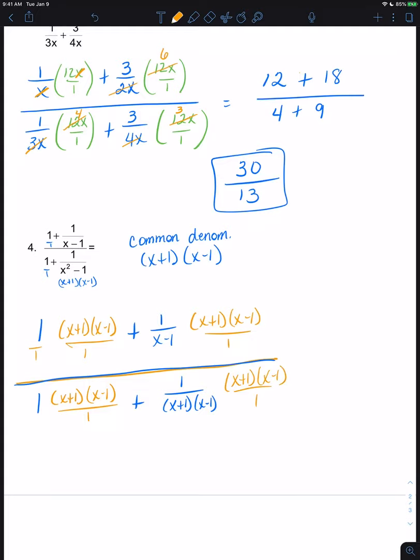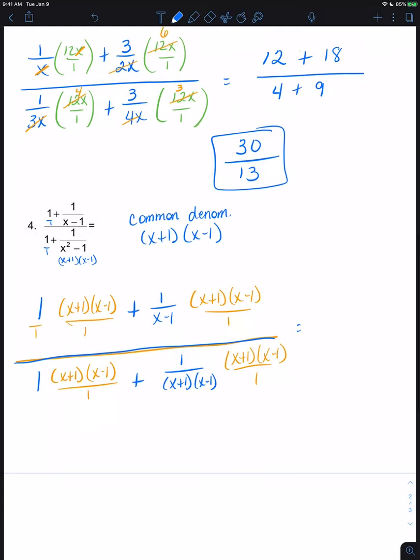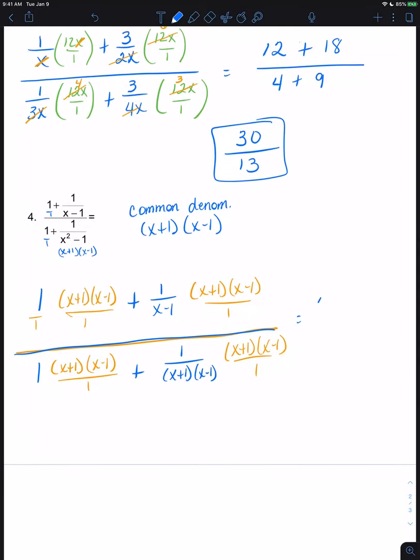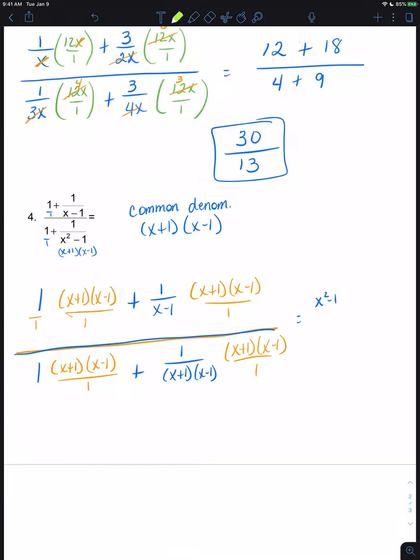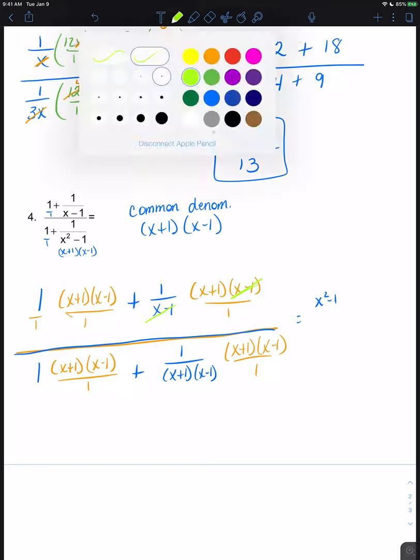Okay, so we don't have anything on the first one that reduces, so that is still going to be x plus 1, x minus 1. But I'm going to go ahead and multiply that out. We know that's x squared minus 1. Now, on our second term, our x minus 1s will reduce, leaving us with this 1 times the x plus 1.